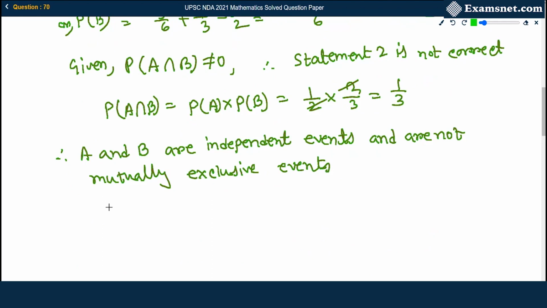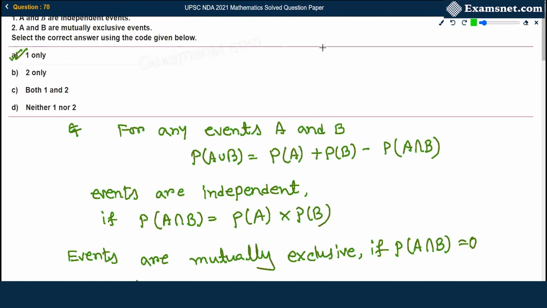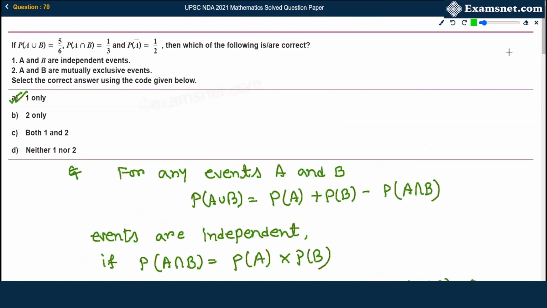So from here we can say, therefore, only statement 1 is correct. So here option A is the correct one. Statement 1 is correct.